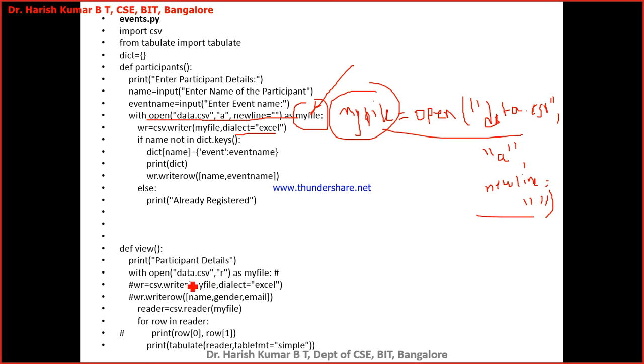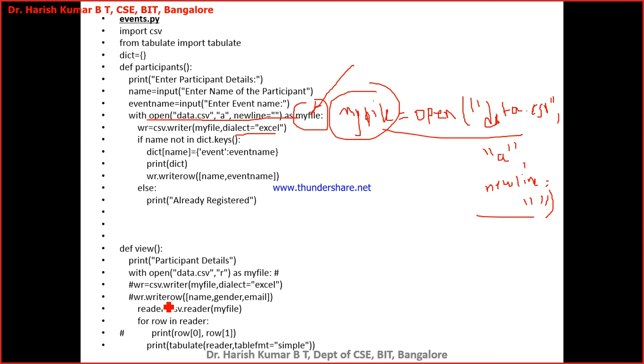So I open data.csv, because everything is stored in data.csv, in read mode and again as my file. Again I specify the dialect. Here, just to show different forms of output, I have commented. You can again specify the dialect, it's Excel, and then wr writerow. Okay, that's all fine.